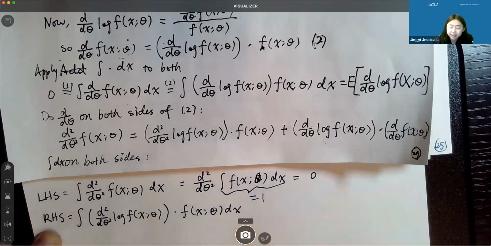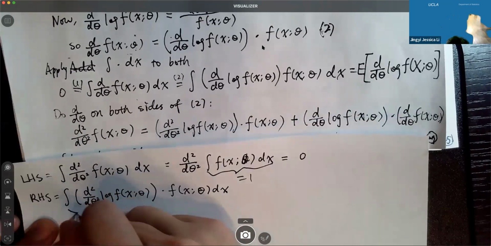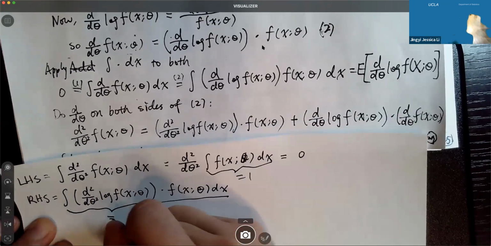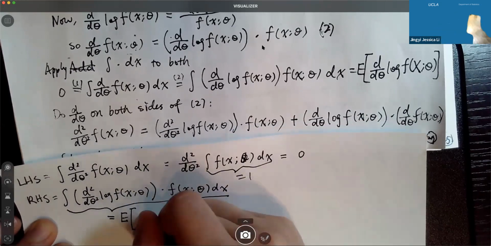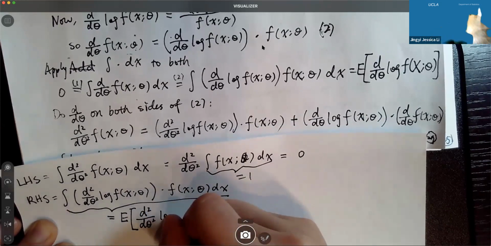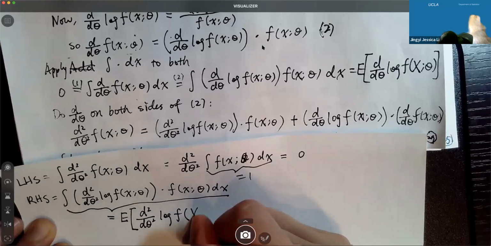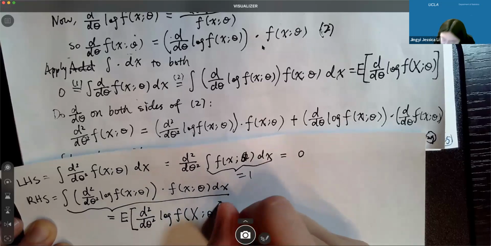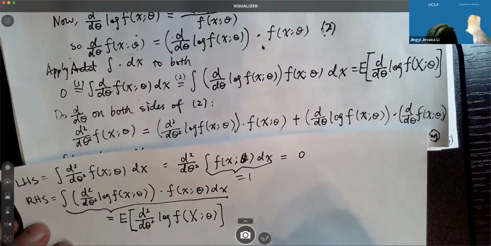By the definition of expectation, this is equal to the expectation of d squared d theta squared log f. I'll change the small x to big X to mean the random variable. This is it, by definition. And now go to the second term.